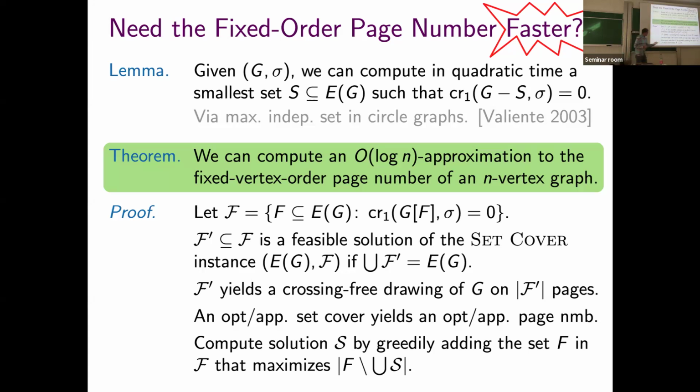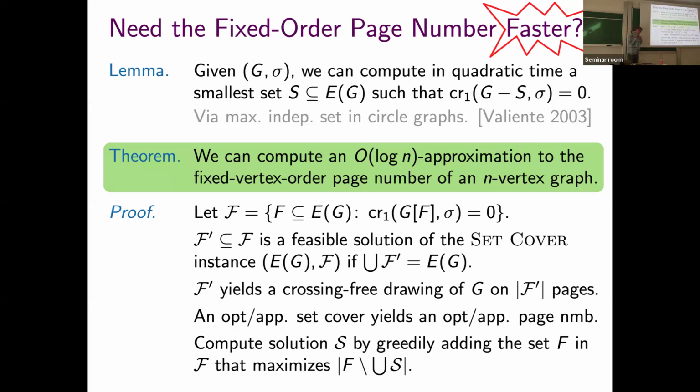Now, how can we avoid writing down this set cover instance, which is too big? Well, we use the lemma, of course. The first step is clear.